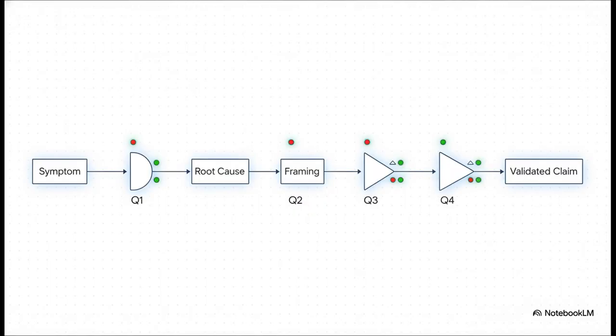Now, what's really interesting about this slide is how we treat the Q1 through Q5 framework. Think of them as strict logic gates or security checkpoints. You've got your symptom, your root cause, and your framing. Absolutely no claim advances to the next link in the chain unless it successfully passes through these gates. An unverified link compounds, so we can't afford to let anything slip through.